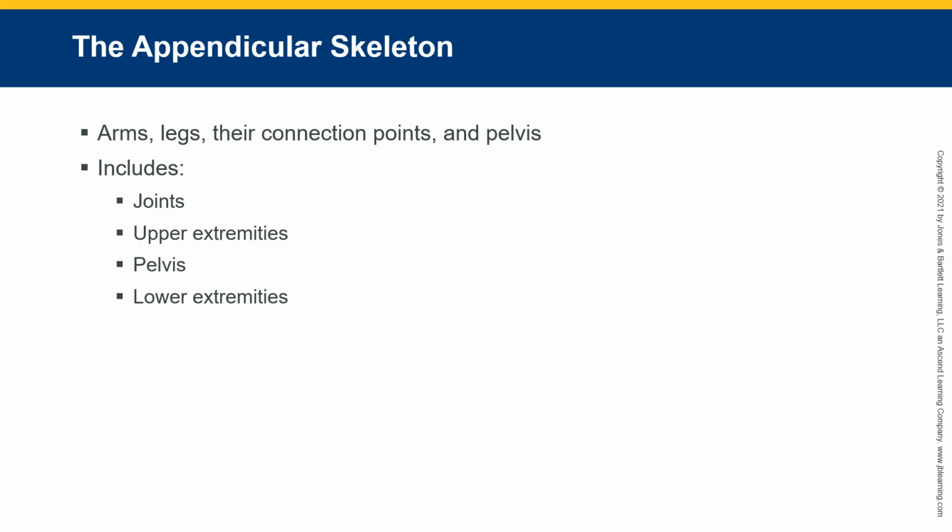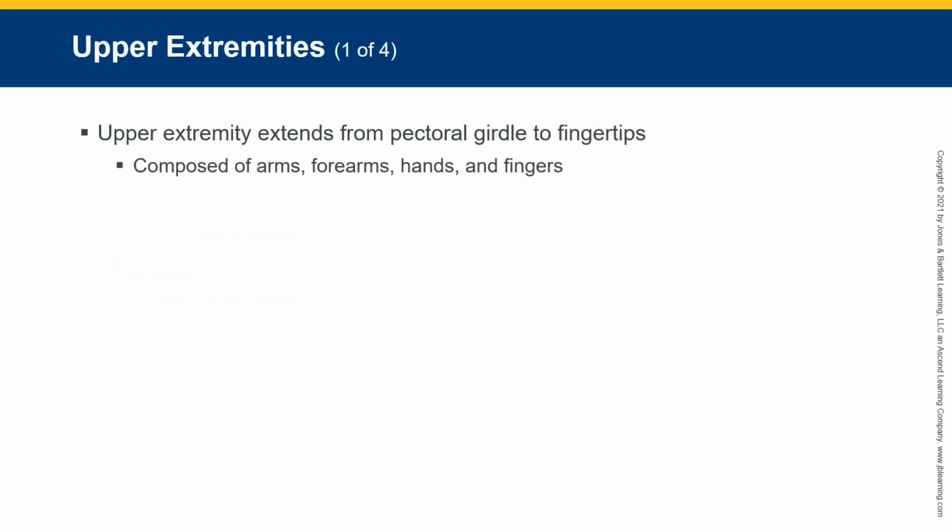The upper extremity extends from the pectoral girdle to the fingertips, composed of the arms, forearms, hands, and fingers.